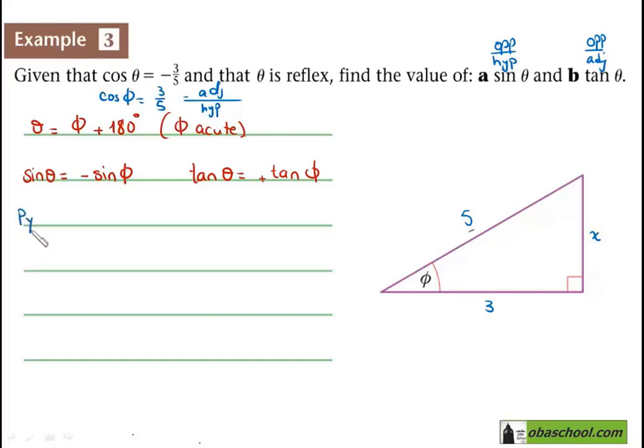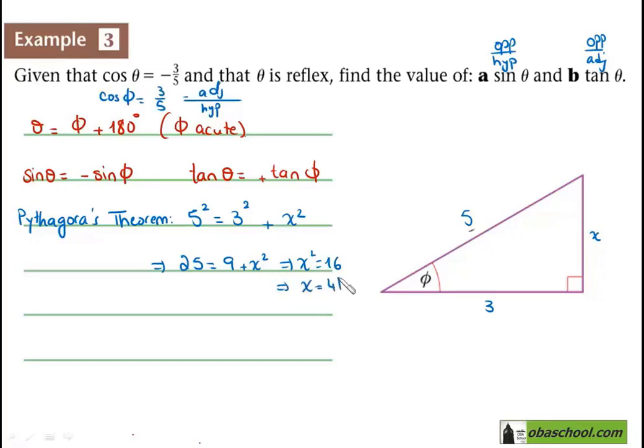So, by using the Pythagoras theorem, hypotenuse squared, 5 squared, equals the first side, 3 squared, plus x squared. 25 equals 9 plus x squared. x squared is equal to 16. Of course, x is the positive square root of 16, which is 4. So x here is equal to 4.